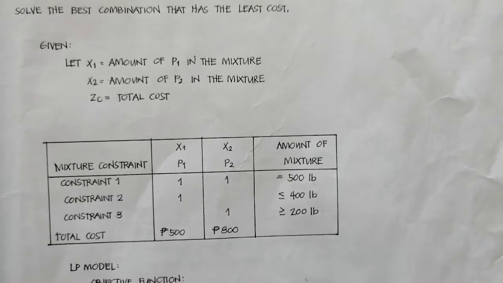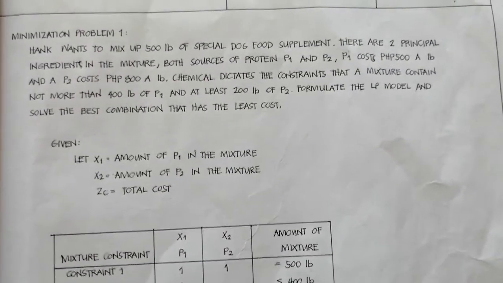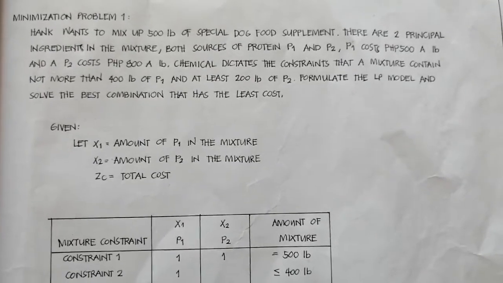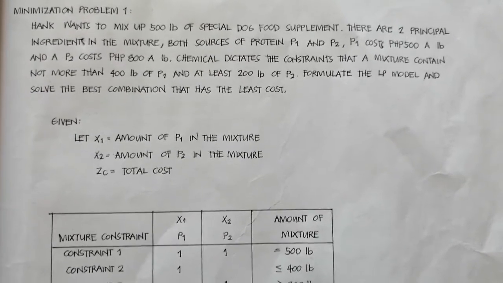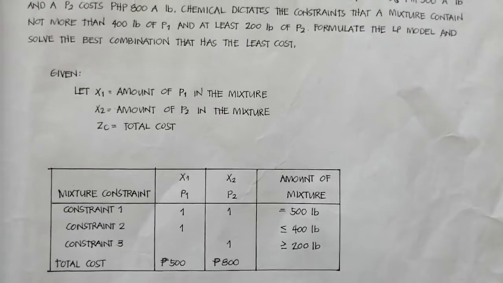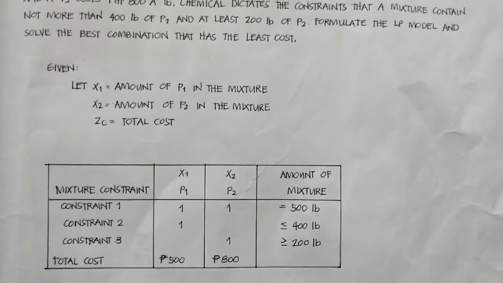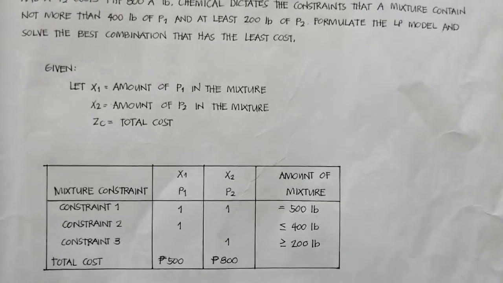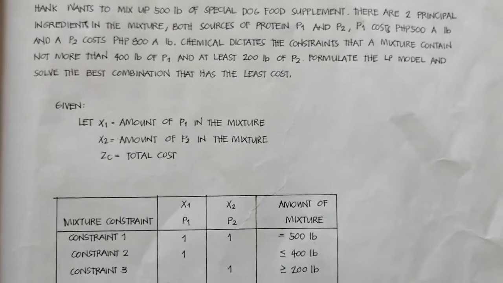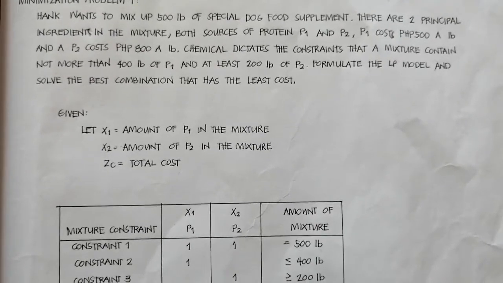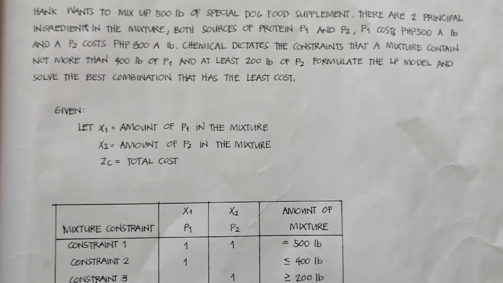For the first constraint, as mentioned in the problem, the mixture is equal to 500 pounds. Meaning your P1 and your P2 is equal to 500 pounds. For constraint number 2, again as mentioned, the mixture should not be more than 400 pounds of P1.